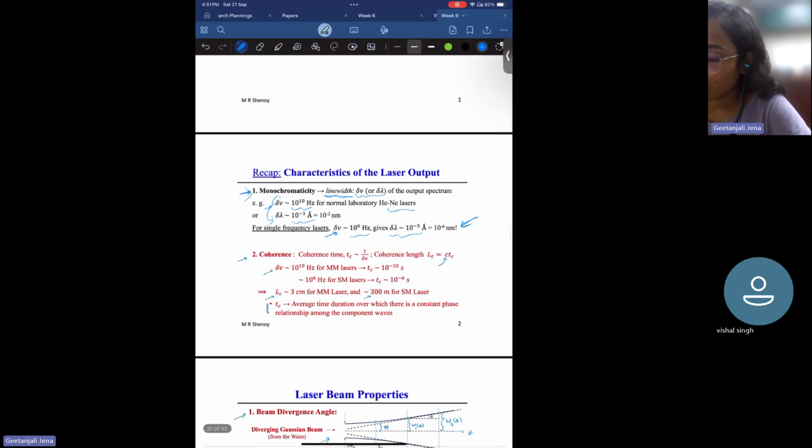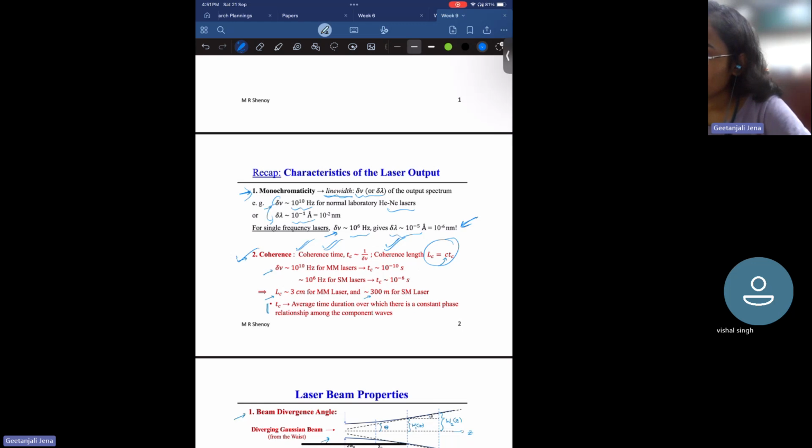The second thing we have seen is the coherence time. Coherence is up to what length and up to what time the laser beam, the emitted wave, is maintaining the phase. We quantify this coherence by coherence time and coherence length. Coherence time T_C is 1 by delta nu and coherence length L_C is c times T_C.